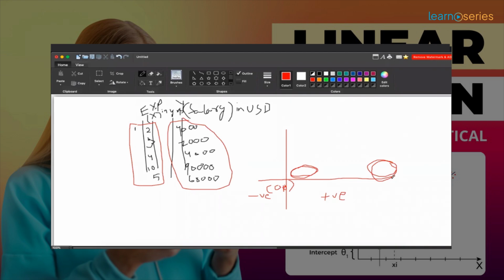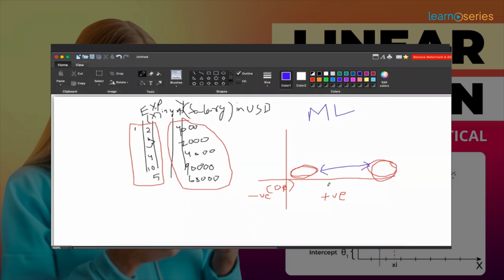So you see the distance between them is very high, and for these mathematical models, your machine learning model will not understand whether a column is experience, that's why it's in tens, or salary, that's why it's in thousands. We can understand these things because we are human beings, so we know what to expect, but a machine doesn't work like this.